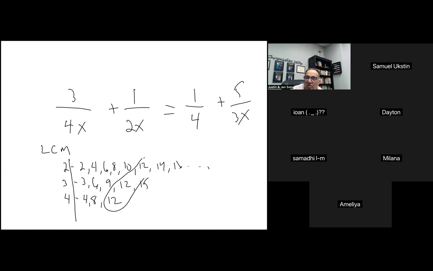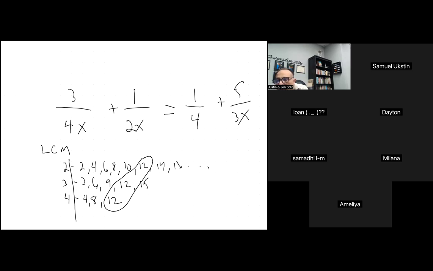Let me ask you this. Do you all understand when I have this 4 right here, this 2 right here, this 4 right here, and this 3 right there? I have to find the smallest number, the least number that is a multiple of each of them. Thumbs up if you understand what that means. Thumbs down if you don't. I mean, you learn least common multiples in the 5th grade, so this is a reminder.